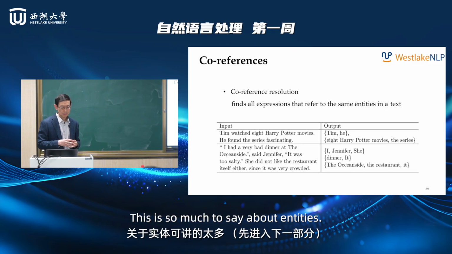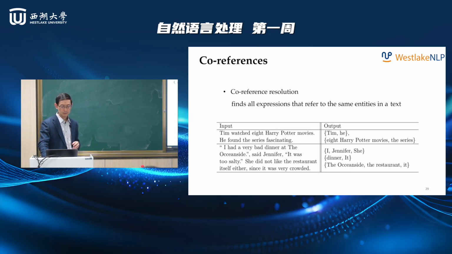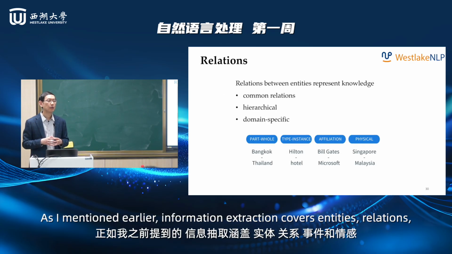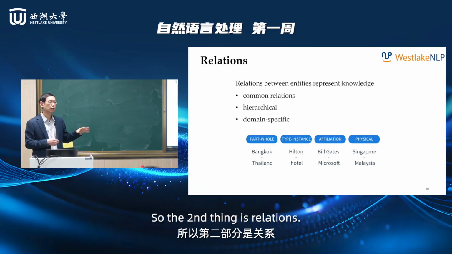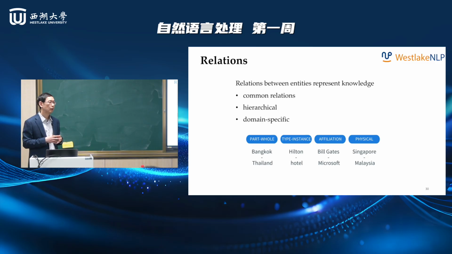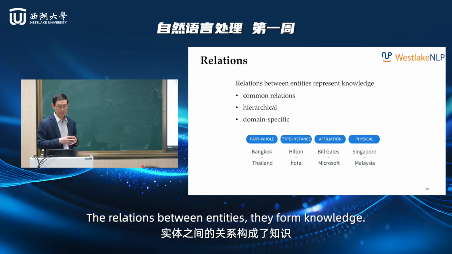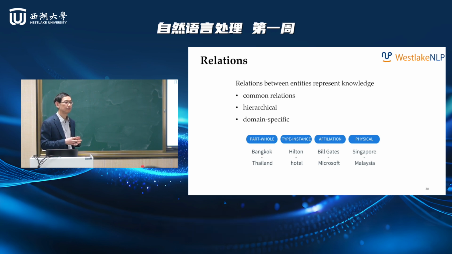All right, this is so much to say about entities. As I mentioned earlier, information extraction covers entities, relations, events, and sentiment. So the second thing is relations. The relations between entities form knowledge.